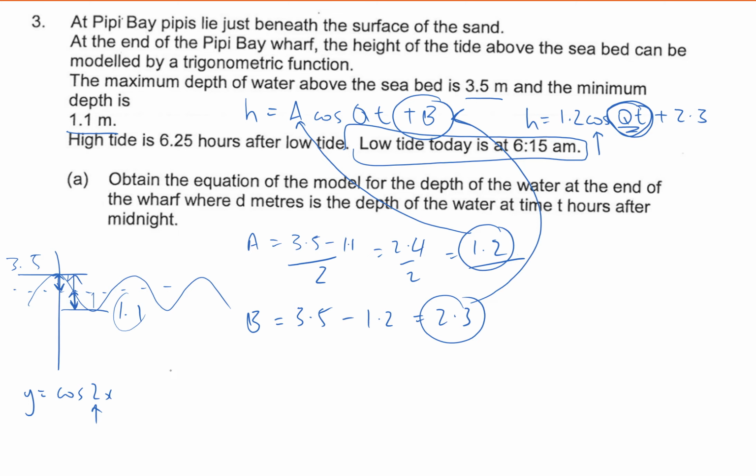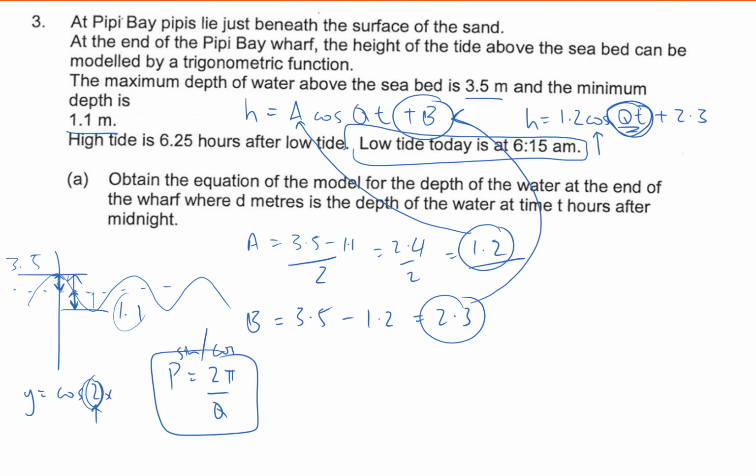Right. Okay, so the period of a normal cos graph is 2 pi, and so whatever that frequency is will turn into your period. So it forms this little equation here. The period of any graph is 2 pi divided by that number there. This is for sines and cosines. Okay.